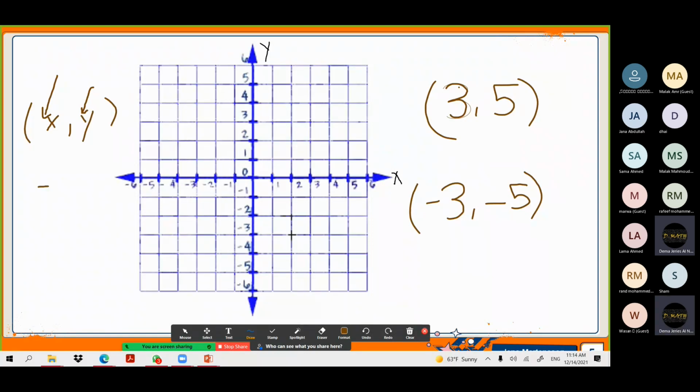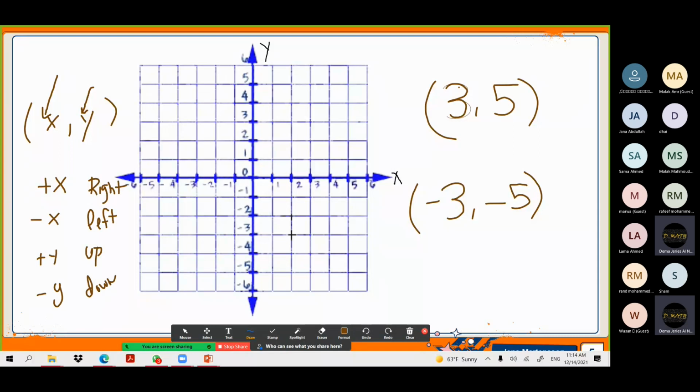Now, if x is positive, you have to go to the right. If x is negative, you have to go to the left. If y is positive, you have to go up, and if y is negative, you have to go down.